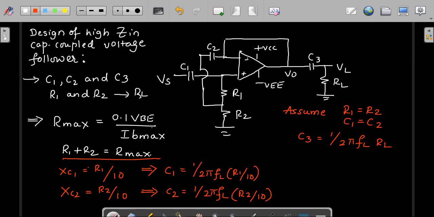So these are the values of R1, R2, C1, C2 as well as C3, as far as the design of a high input impedance capacitor coupled voltage follower circuit is concerned. This is a very simple design. We have got C1, C2, similarly R1 and R2, and also we have obtained the expression for C3.